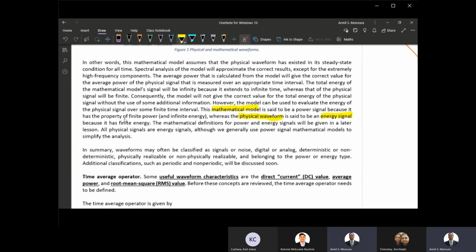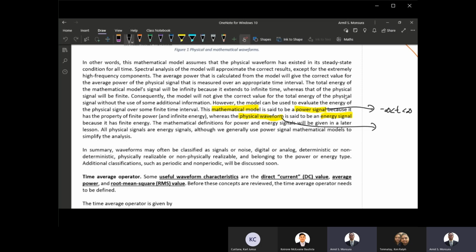Whereas our mathematical model tends to be more of a power signal. Which means that if our mathematical model calls for a signal that persists over time from negative infinity to positive infinity, we cannot do that physically, basically because the circuit, or the computer, the device that would generate that waveform, would not be able to generate a signal that long.